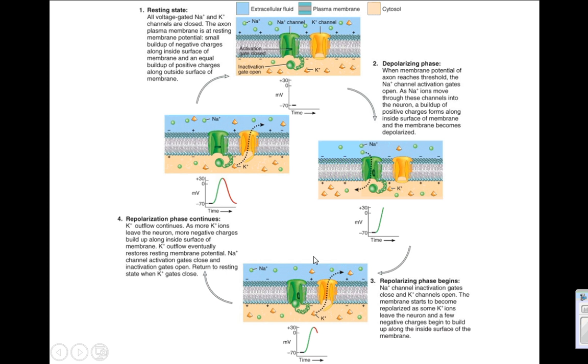At that point, the voltage-gated sodium channels close. We can then repolarize by allowing potassium out by way of the voltage-gated potassium channels. We repolarize back towards negative 70, and then we can start the whole process over again, or we can just return back to rest. Okay.